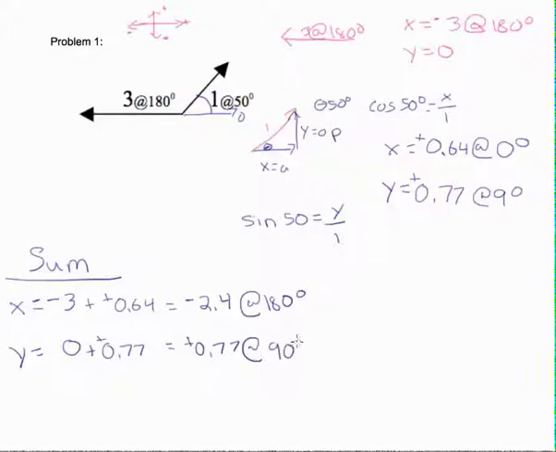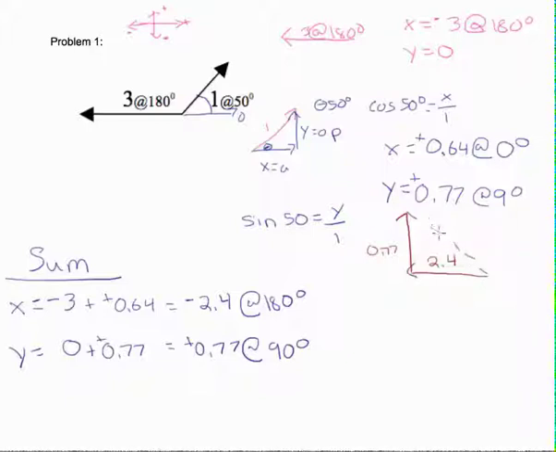So we can draw these, and we're starting with the x. And because we know that it's at 180, we're going to draw it in that direction. And again, you can drop the negatives now. And we know our 90 is this way. So our resultant is here, and our theta is here.